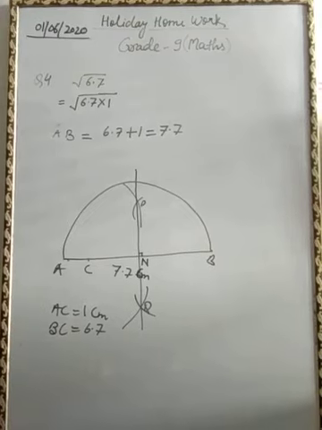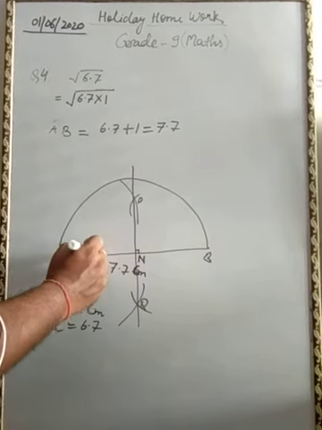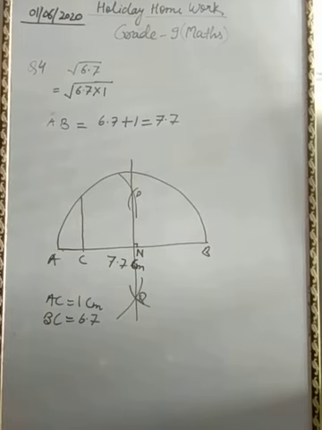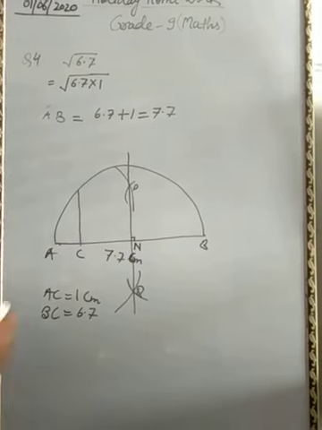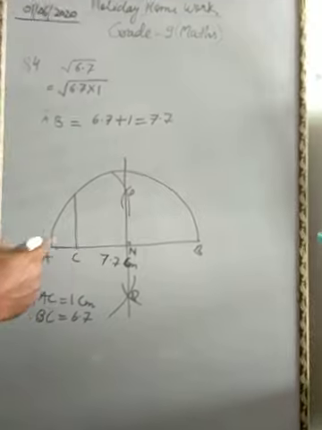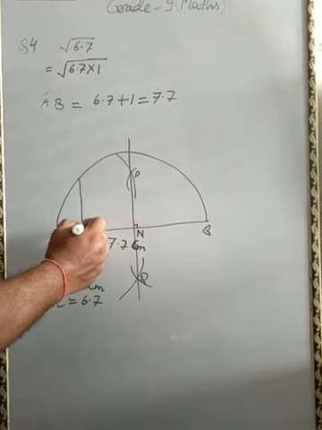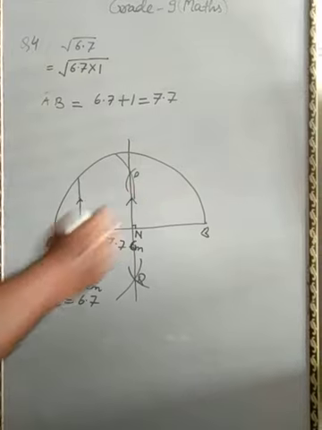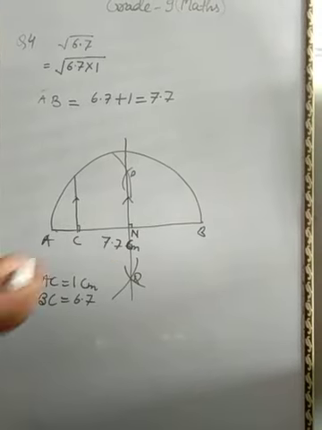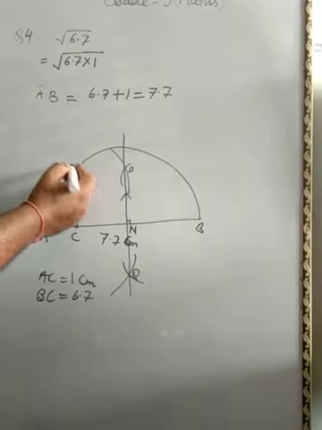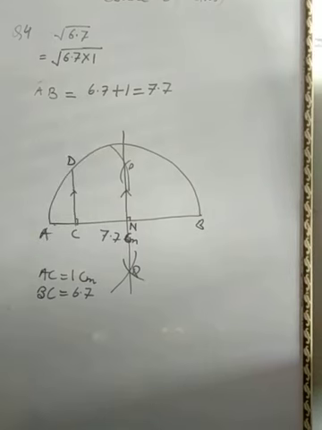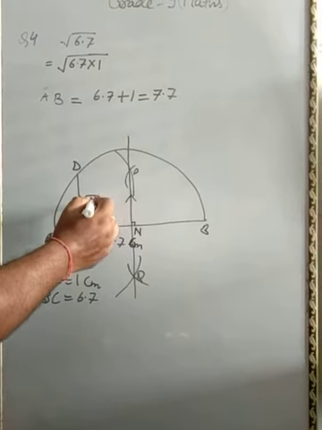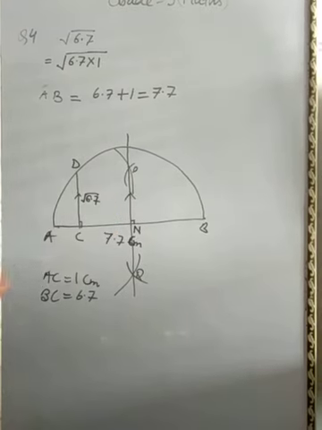Using the set squares, draw a line perpendicular to AB at point C. Means this should be perpendicular, you may say these two lines should be parallel, and this line will touch the circle at a point, that is D. This CD is the value of square root of 6.7.